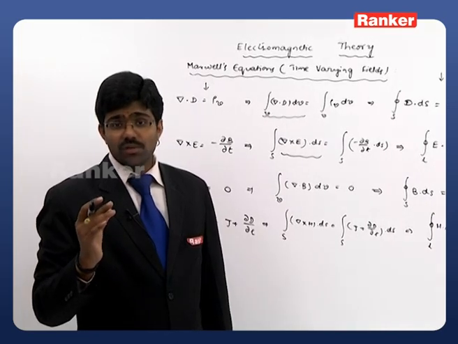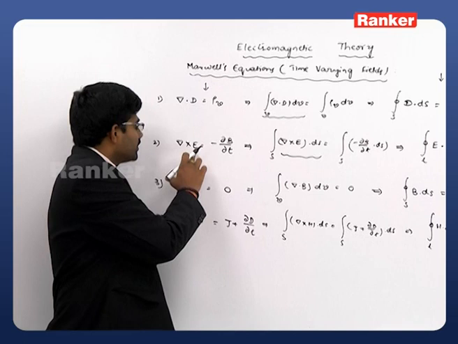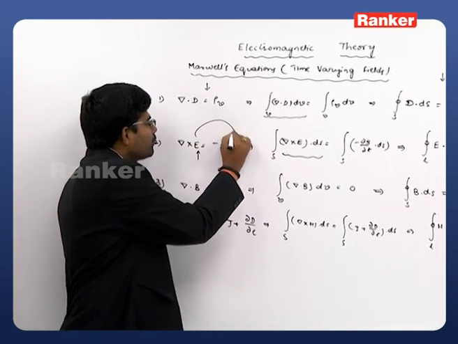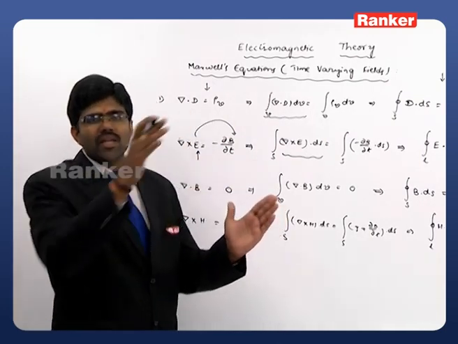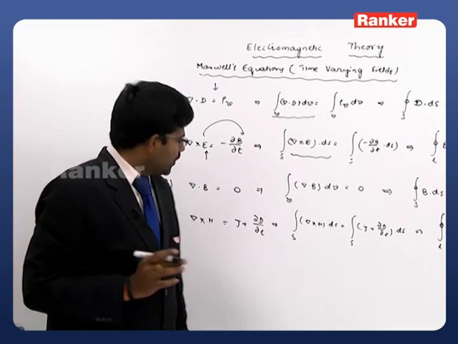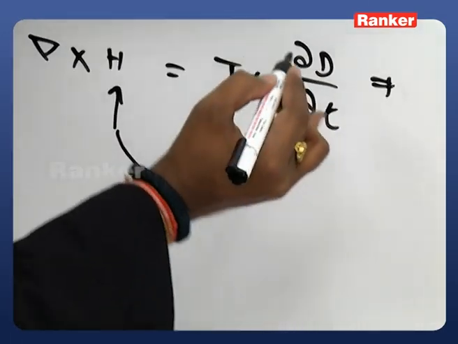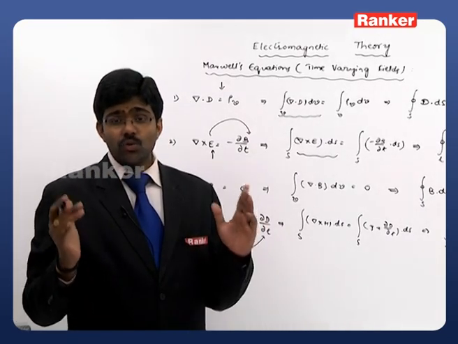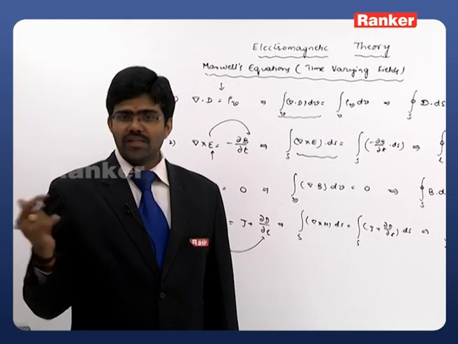Now clearly observe, for your understanding and easy remembering. Once again I will say, the electric field intensity that we have here is related to the magnetic flux density. So electric field intensity and magnetic flux density are related. In the same way, magnetic field intensity and electric flux density are related. So clearly remember, these two equations are very important equations which we observe for radiation.